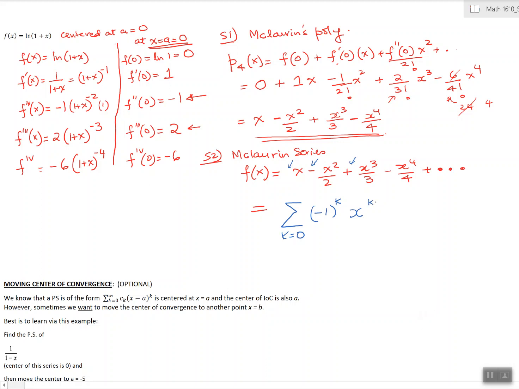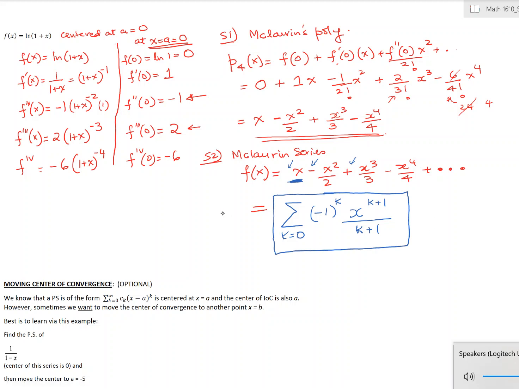I need k plus 1, because when k is 0, I want it to be x. Now the denominator: if this is square, it's 2, if it's cube, it's 3. So the denominator is same as the exponent. So therefore, this is the power series, Taylor series, Maclaurin series for log of 1 plus x.